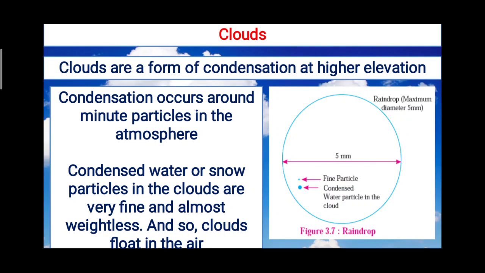My dear students, in the last session, we discussed humidity in the topic humidity and clouds. In that we learned evaporation, humidity in the air, the types of humidity, absolute humidity, relative humidity, and the concept of condensation, deposition, and sublimation.